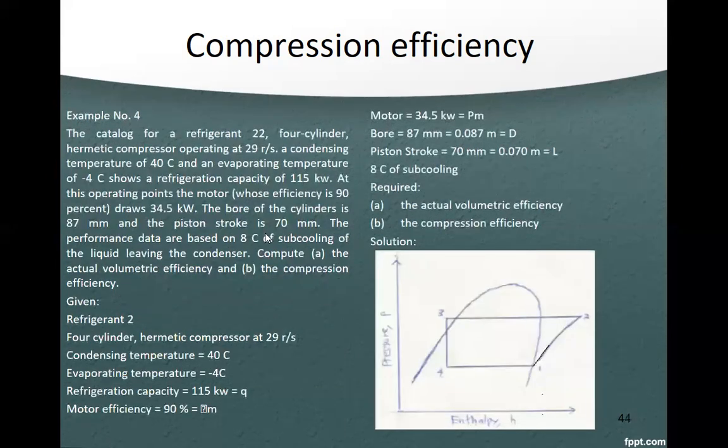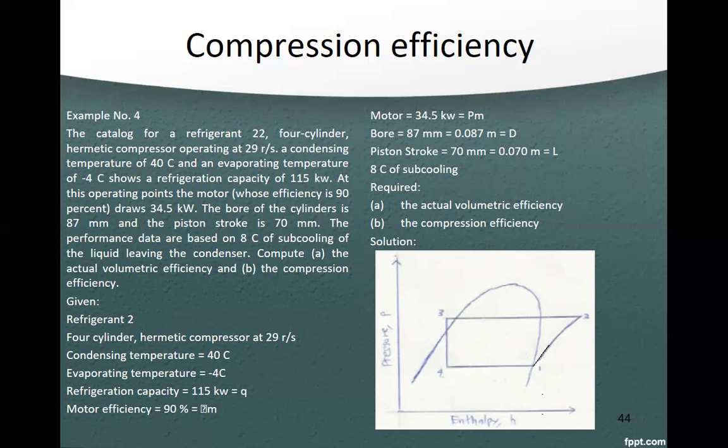Example number 4. The catalog for a refrigerant 22 4-cylinder hermetic compressor operating at 29 revolutions per second, a condensing temperature of 40 C and an evaporating temperature of negative 4 C, shows a refrigeration capacity of 115 kilowatt.